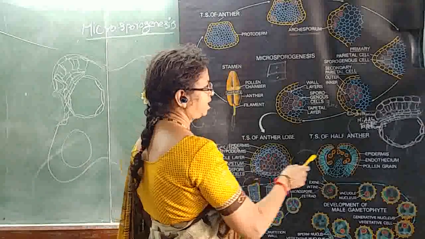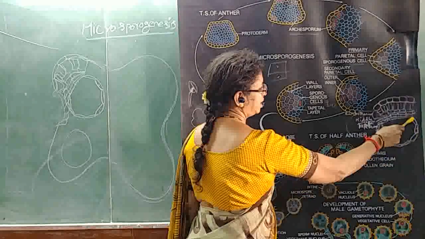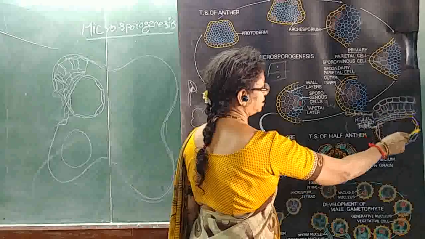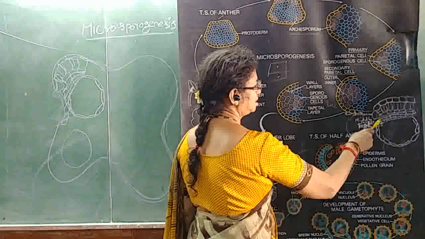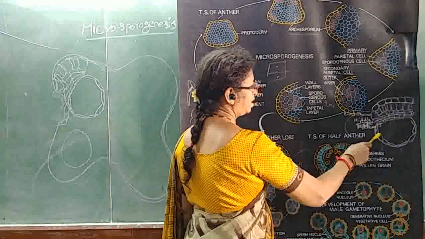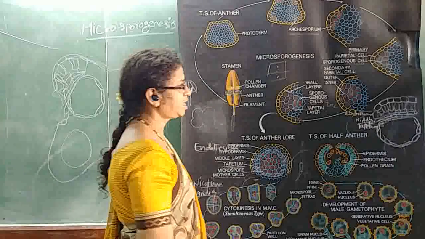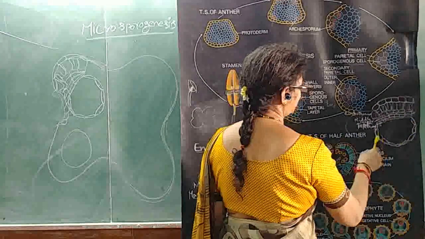And next to the middle layers, there is a single layer of tapetum. It completely surrounds the locule of the anther. This tapetum is either in a single layer or in multiple layers. In the majority of flowers, it is in the form of a single layer.